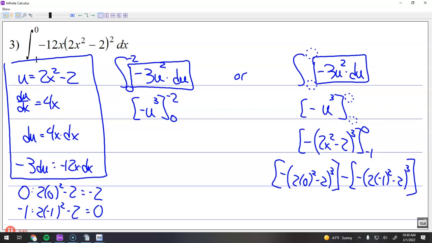It just happens that you get a bigger number on the bottom now than you do on top. And now I can get -2 to the third minus -0 to the third. So this is basically a -8, which is 8. I'll get to 8 here too, but that's just going to take me an extra minute or two. But again, it's not up to me, it's up to you.